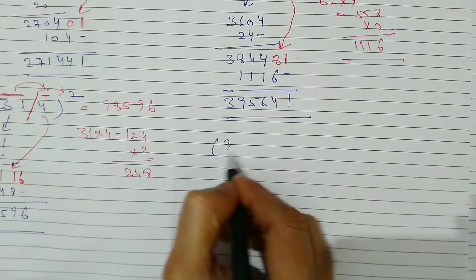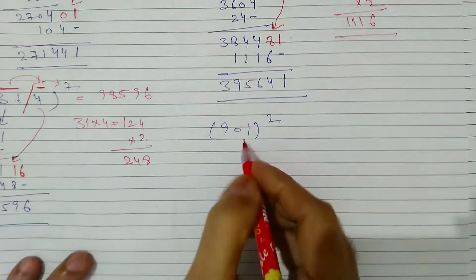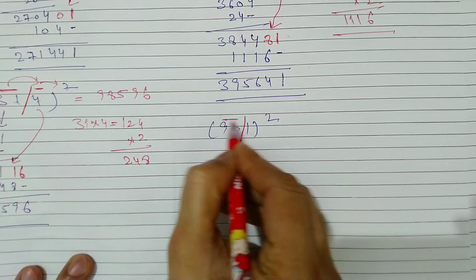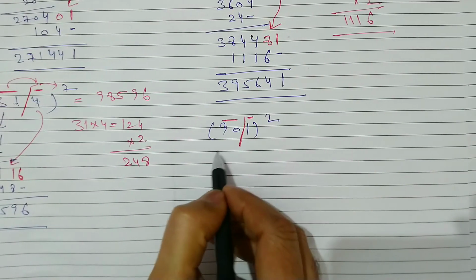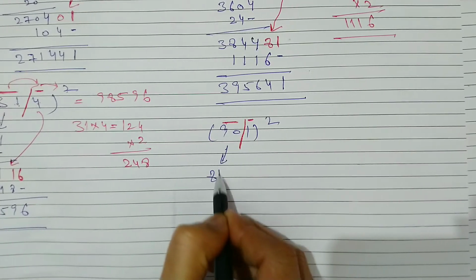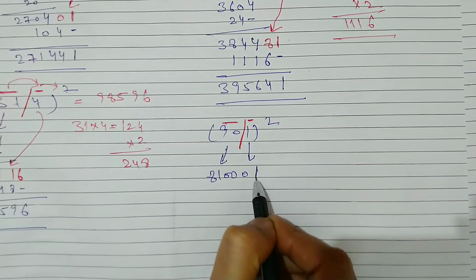One more example. Find the square of 901. Again, divide the given number into two parts. The square of 90 is 8100 and the square of 1 is 01.